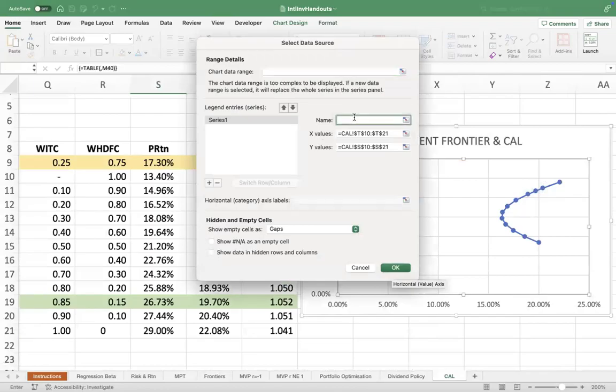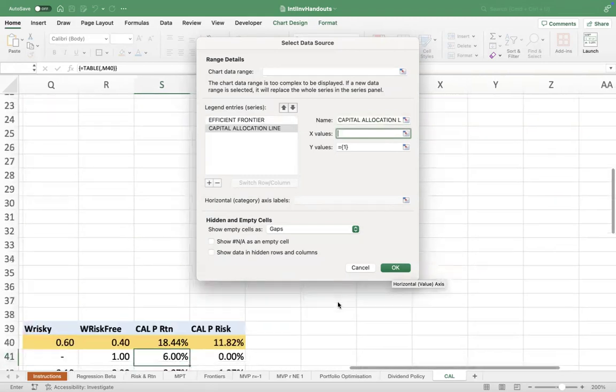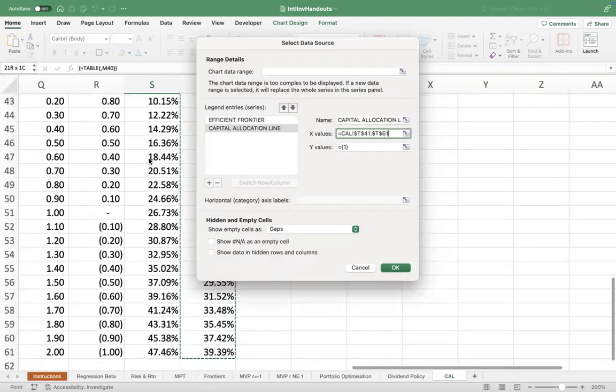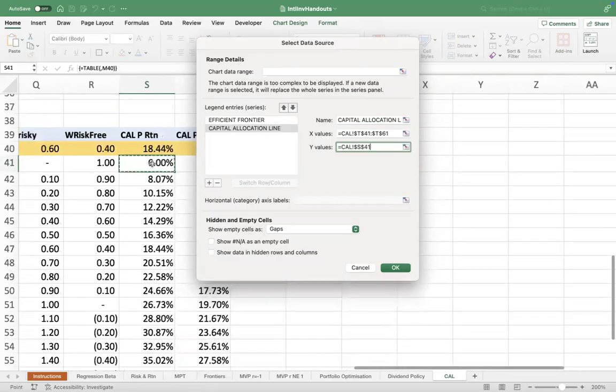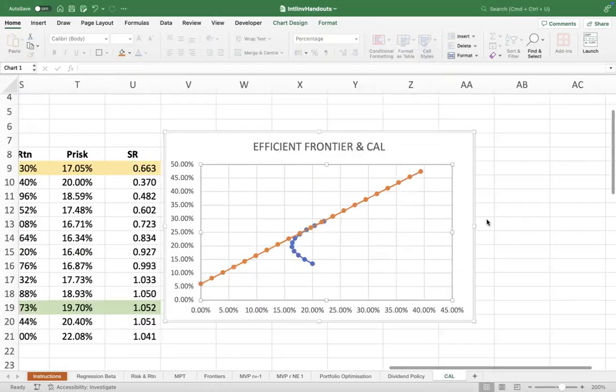I'll call this efficient frontier, my current series, and add another series, call it capital allocation line. Here X values again we will take as the risk. Y values we are going to take as the return and press OK.